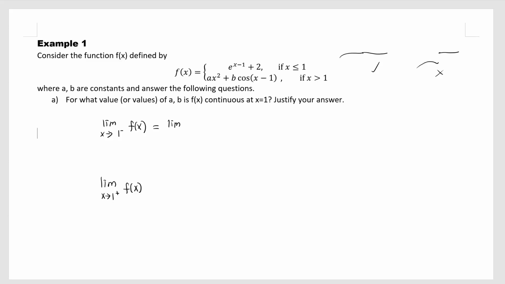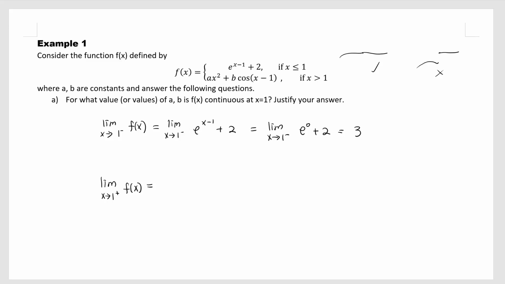The left side limit of f, we have, okay, which piece? The top piece, right, is the left because it's less than or equal, so that's the top piece. So e to the x minus 1 plus 2. And then when we plug in 1, we get e to the 0 plus 2. Well, that's 1 plus 2, which is 3.